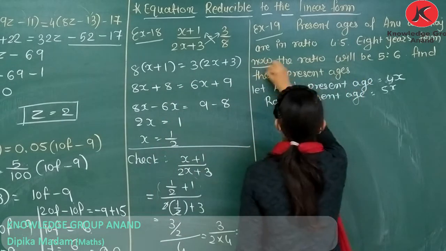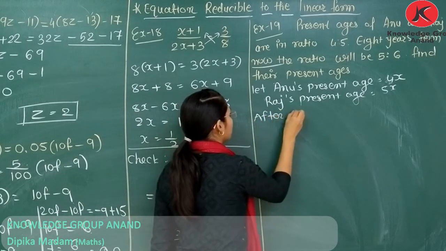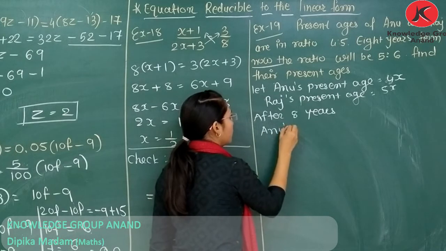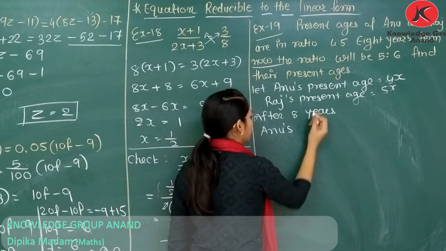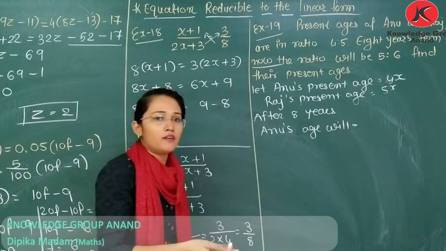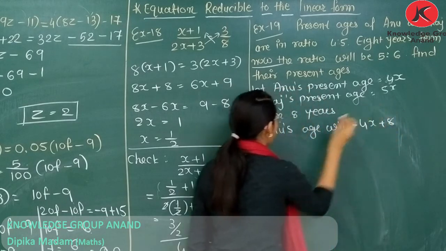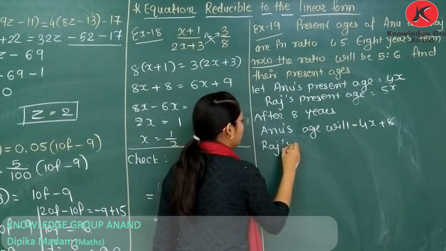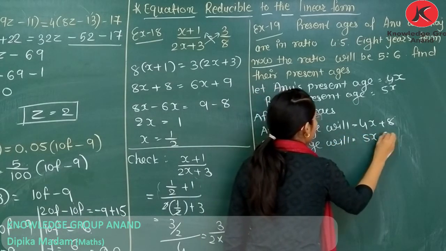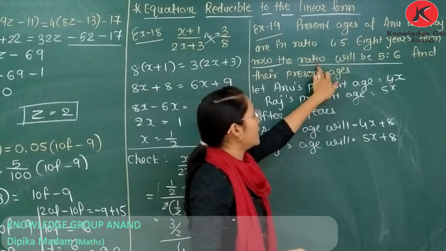8 years from now means after 8 years. What will be Anu's age? 8 years પછી કેટલી થાય? 4x plus 8, and Raj's age will be 5x plus 8. 8 years from now, the ratio will be 5:6.